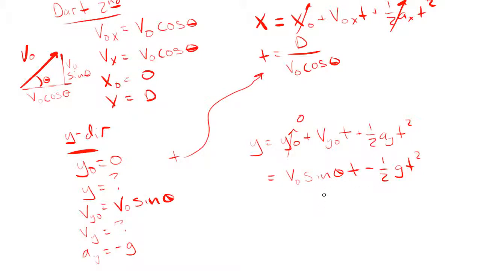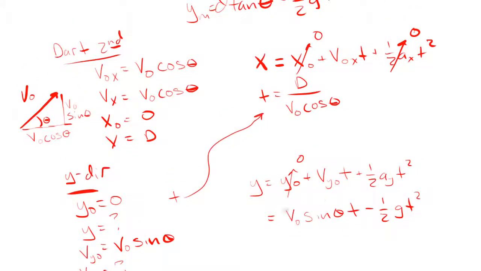Now, the interesting thing is I want to compare these two answers. So here's my final y position of the monkey in the same exact coordinate system I used for the dart. If this thing is the same as this thing, well then the dart hits the monkey. So the y of the dart is equal to v naught sine theta times t. I just solve for t using the x stuff.